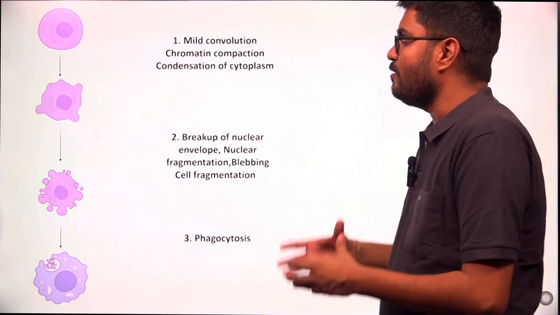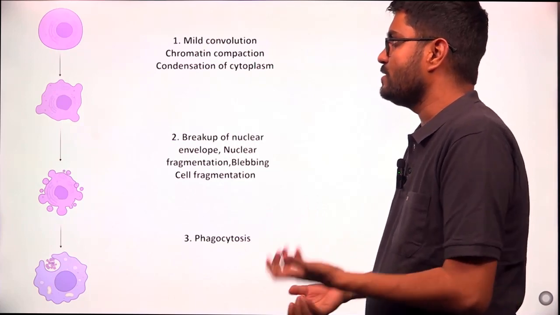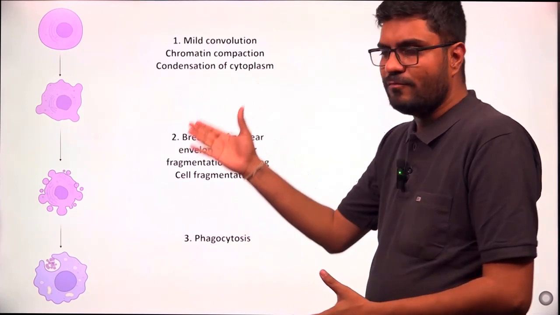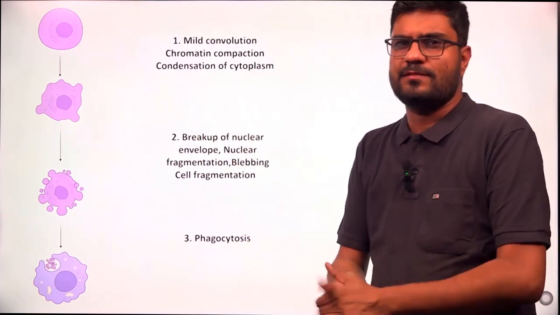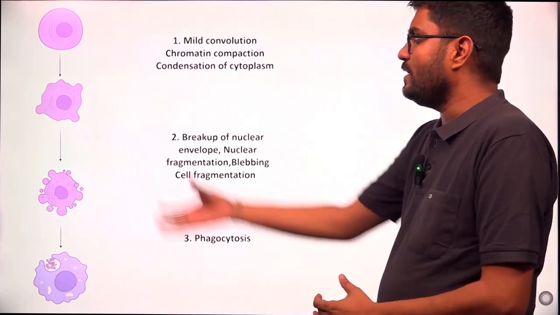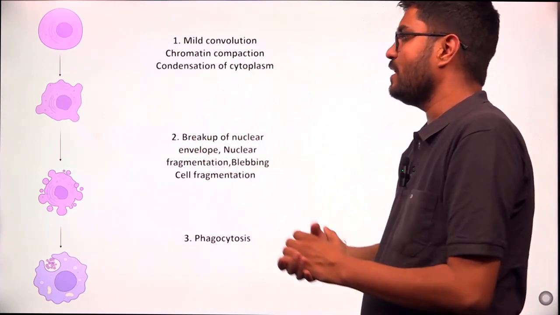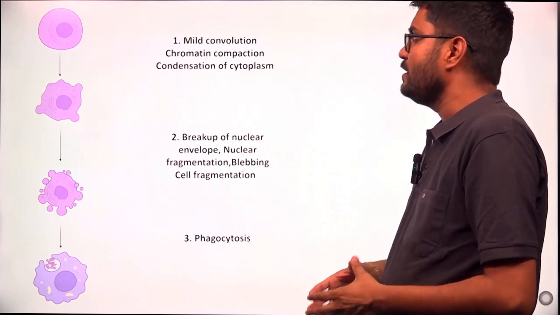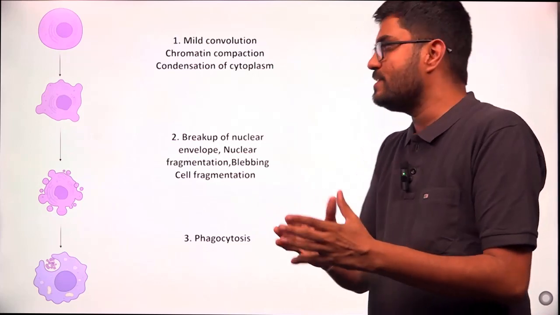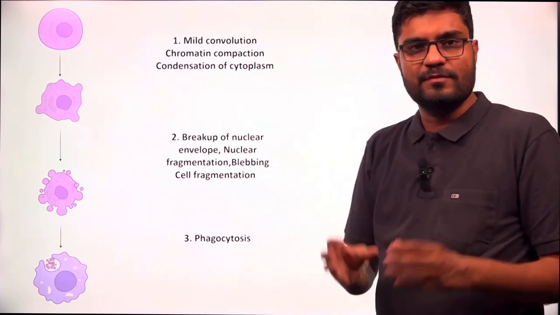So guys, let's start now understanding how we can use a flow cytometer to analyze apoptosis. And before going into technicalities, let's just understand what is apoptosis. Apoptosis is a kind of mechanism of cell death where a healthy cell first undergoes mild convolution, which means cells are going to shrink themselves. The chromatin will start compaction, which means chromatin will decrease in size, and ultimately there will be condensation of the cytoplasm.